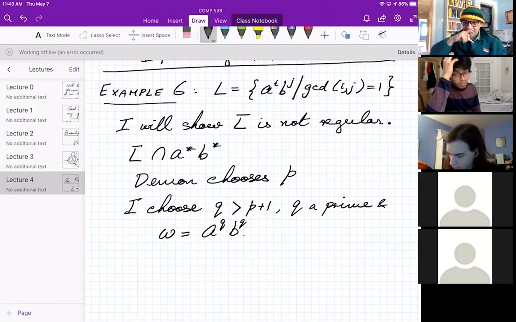All right. So now I have to pump it in such a way that it becomes relatively prime. Well, how do I do that?